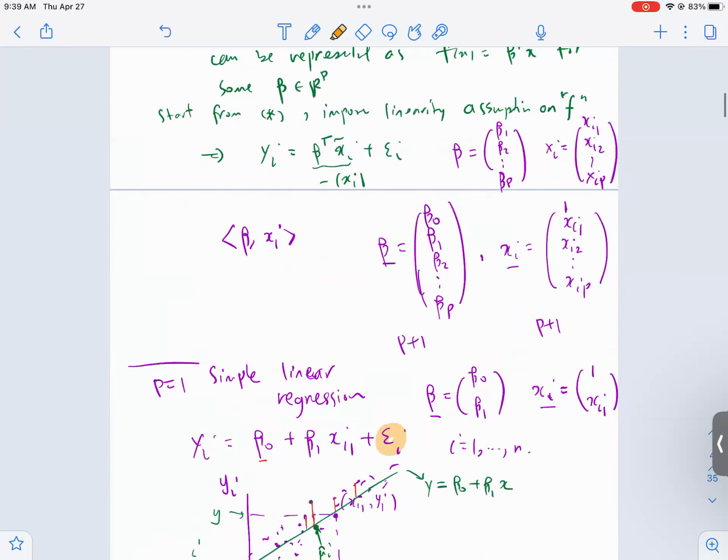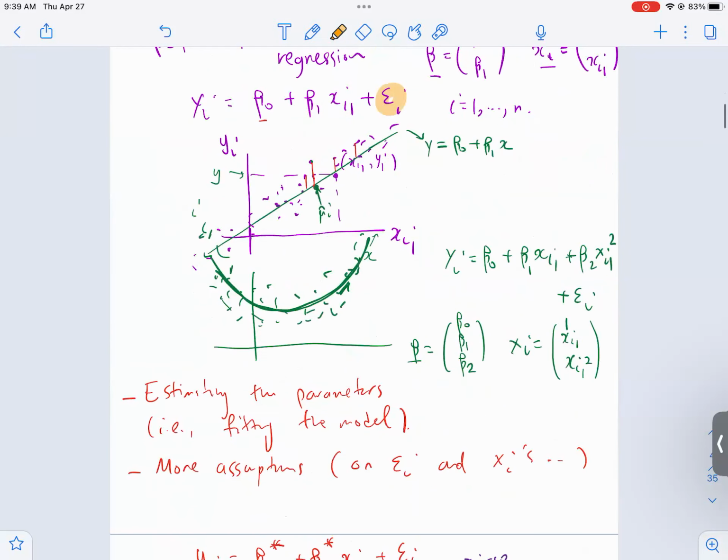Okay, that was that. We plotted things, talked about the generality of this model. If you have a linear regression model with just one feature or one covariate, the scatter plot would look like this. They're going to be around the line. We talked about what happens if the scatter plot looks like this. Maybe a quadratic polynomial is going to be a better model.